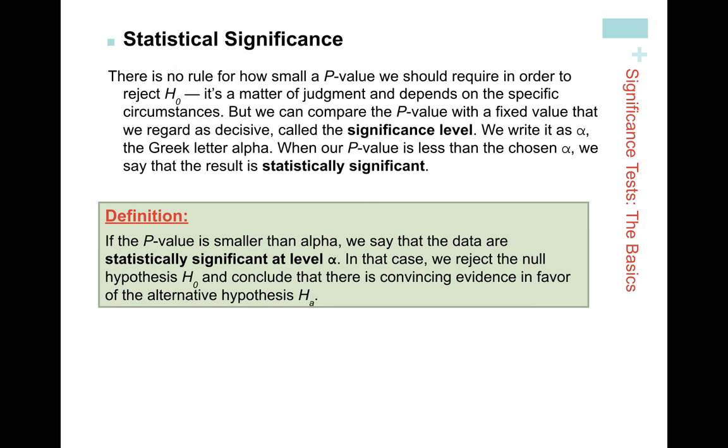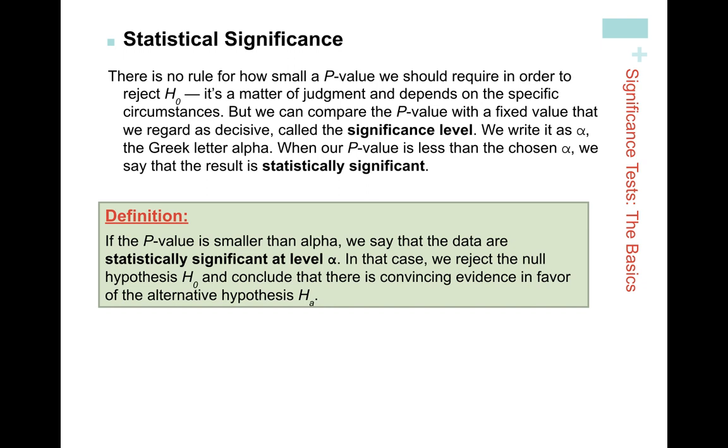If we got it more than 1 out of 20 times, we're going to fail to reject. If we got it 1 or less than 1, that really makes us suspicious. So 5% is the most common alpha level. The other common alpha levels are 1% and 10%, but 5% is by far the most common.